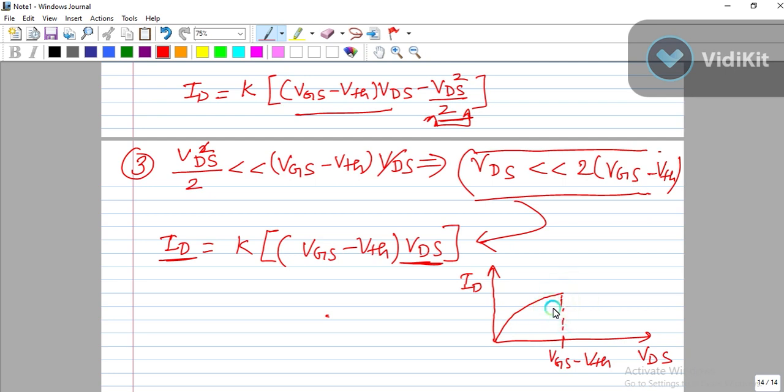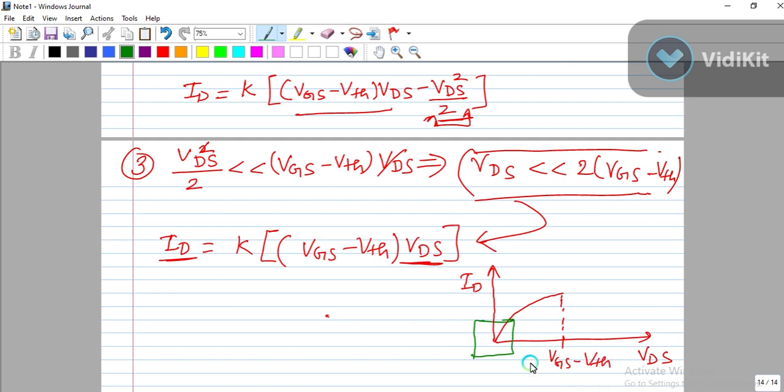I'm taking another pen. In this area, VDS is very much less than 2 into VGS minus VTH.